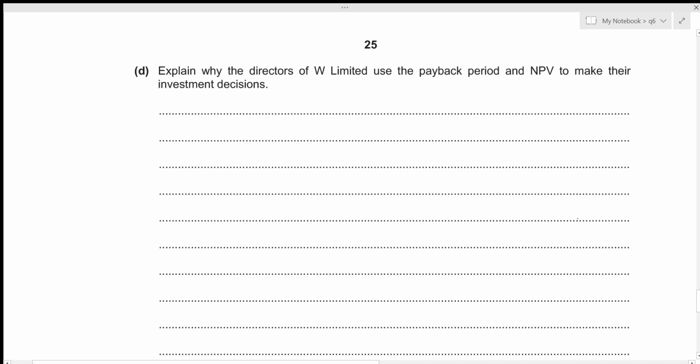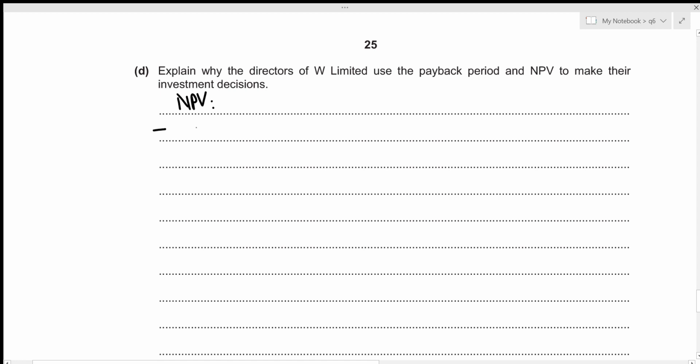We now need to explain why the directors of W Limited use the payback period and net present value to make their investment decisions. So let's talk about net present value. Net present value definitely considers the time value of money as it incorporates the discount factors, right?